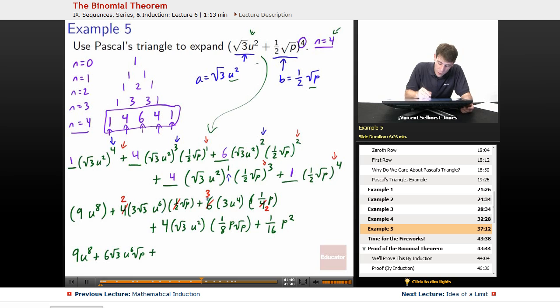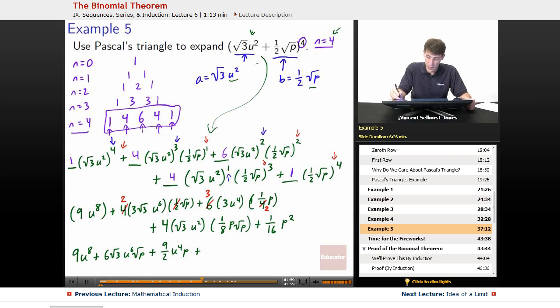This will become 3. 6 times 1/4 becomes 3 times 1/2. So 3 times 3 is 9, divided by 2. We've got 9 over 2 as the coefficient there. U to the 4th p, plus 4 root 3 times 4 root 3u squared, 1/8 p root p.